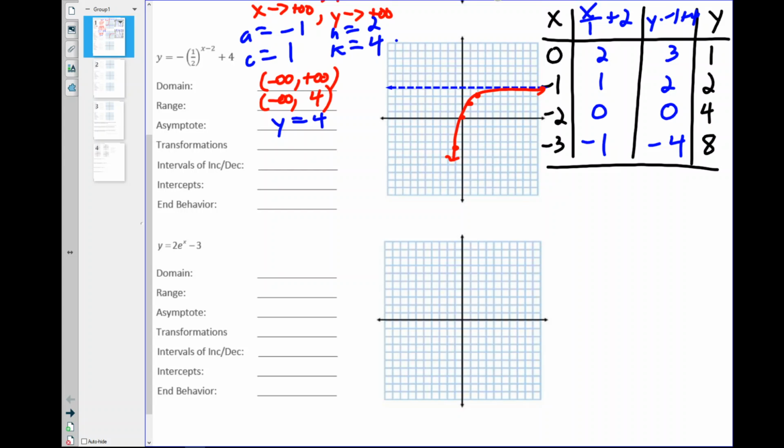For transformations, how many total transformations do we have here? 3. They are? Okay, well, we call it an x-axis reflection, but fine. If you were to put vertical reflection, I'd probably take it. X-axis reflection, what else? Yep, a being -1.